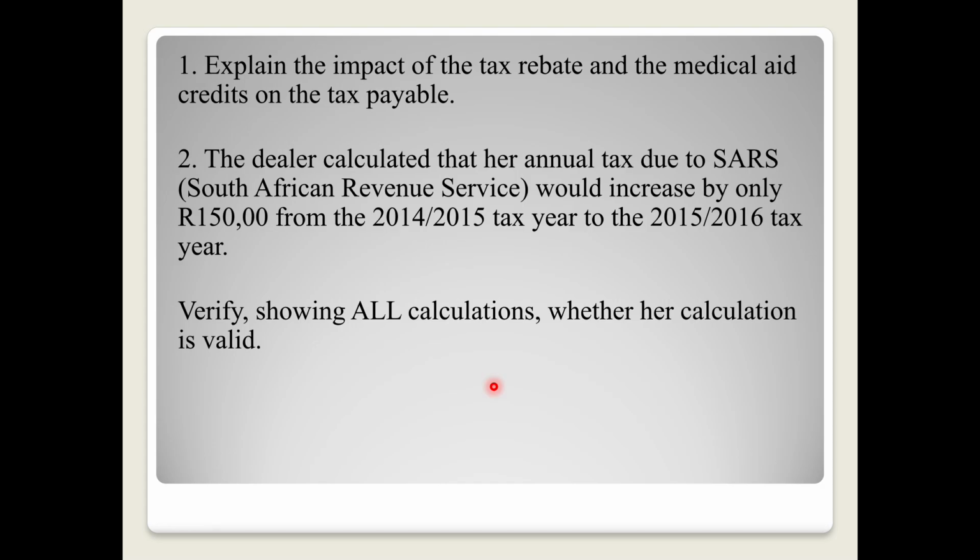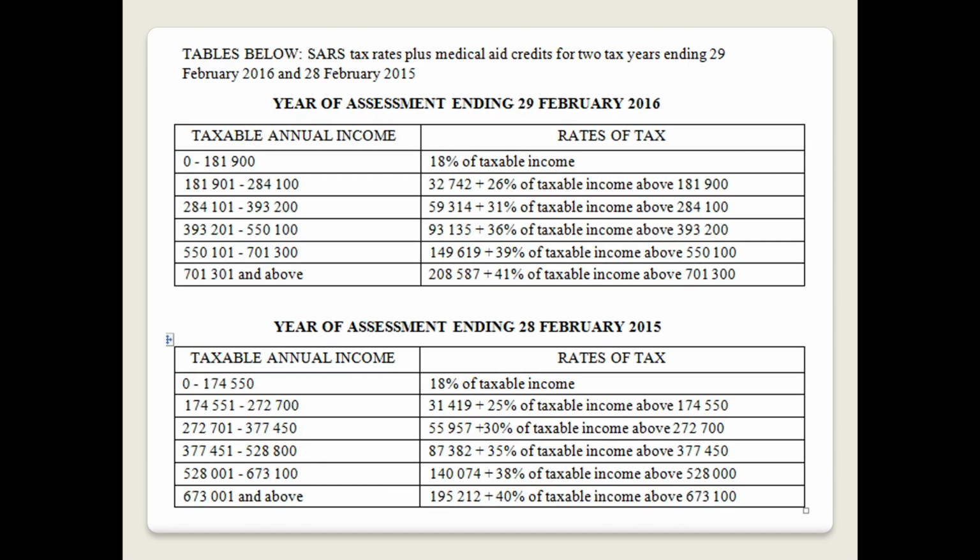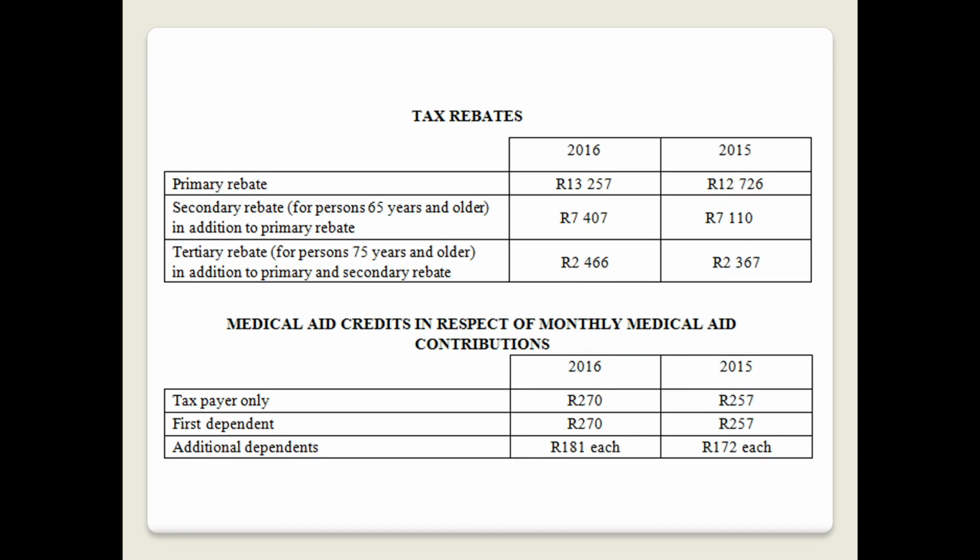So for you to be able to do this, they will provide us with 2 sets of tax tables. The one is for 2016 and the one is for 2015. And then they provide us the same tax rebates for both years, and the monthly medical aid contributions for both years.